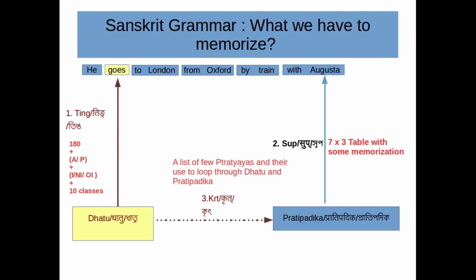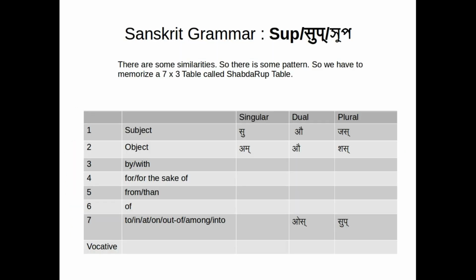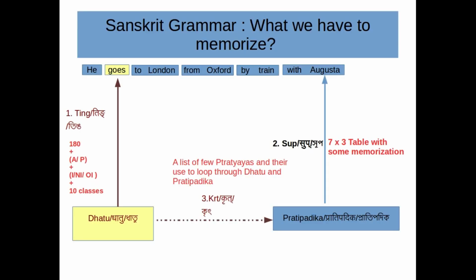Secondly, to form the Subanta Padas, we have to memorize a 7x3 table, and also we have to memorize a few special cases for different words ending in different letters to form the correct Subanta Pada.